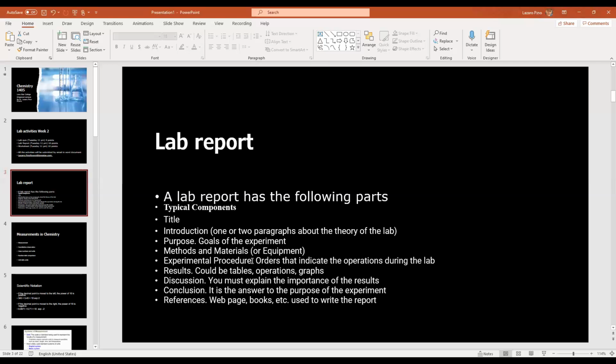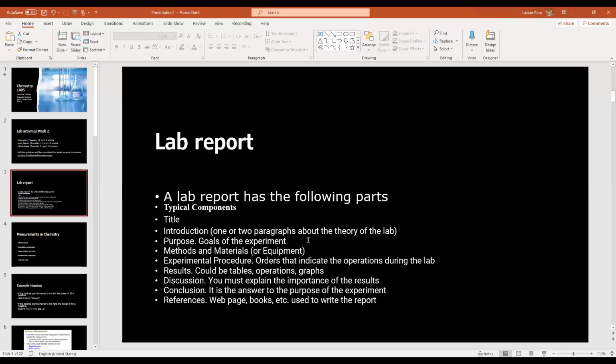In this case, you can write why it's important to learn how to do a measurement in chemistry labs. The conclusion could be an answer of the purpose of the experiment. If the purpose of this experiment was learning how to do measurements in chemistry, then you can write it as conclusion.